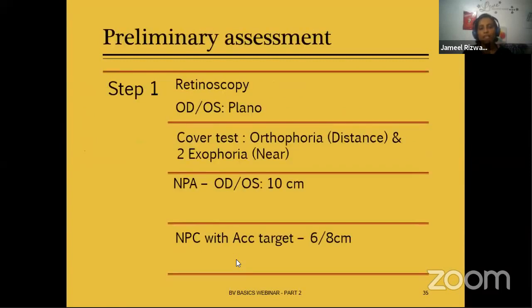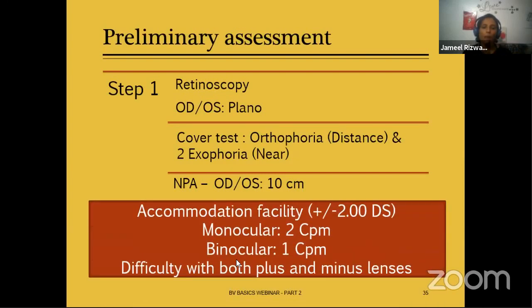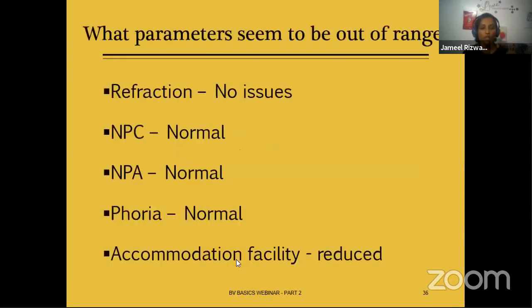We did discuss this case: NPC is normal, NPA is normal, refraction findings are all fine, but accommodative facility is very reduced. The patient has about 2 cycles per minute monocularly and just 1 cycle per minute binocularly, with difficulty with both plus and minus lenses. This is a very typical case of accommodative infacility, where every other parameter is normal, but only accommodative facility is reduced.